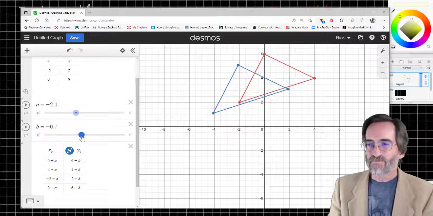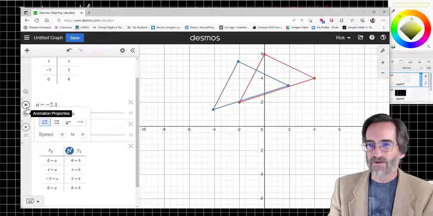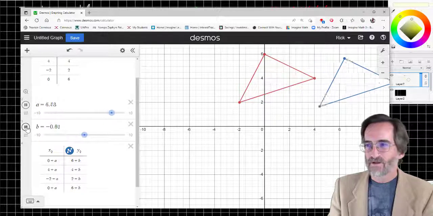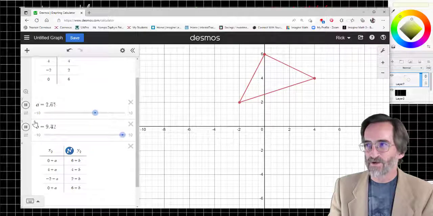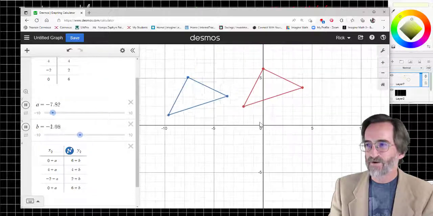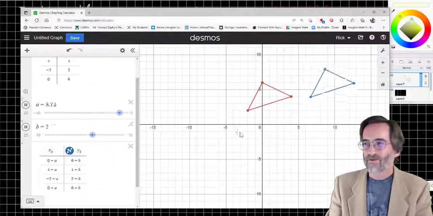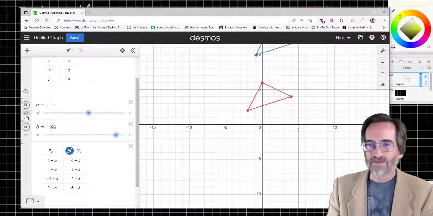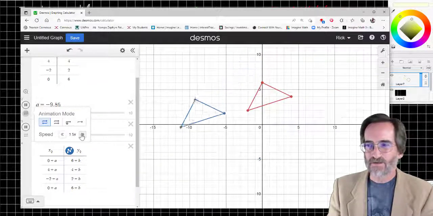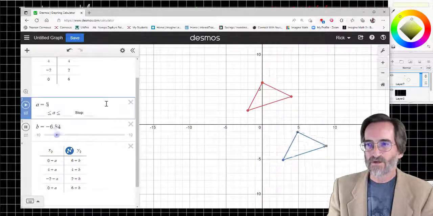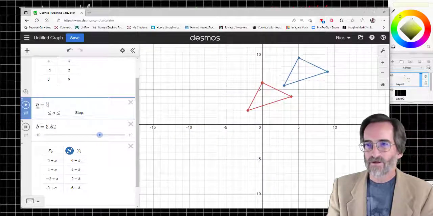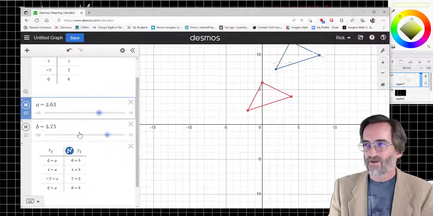And we can animate this and cause the triangle to dance all around here. We can have a little bit of fun with it by changing the speed at which it moves.